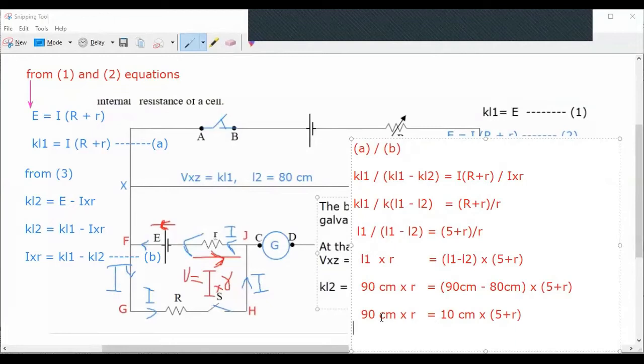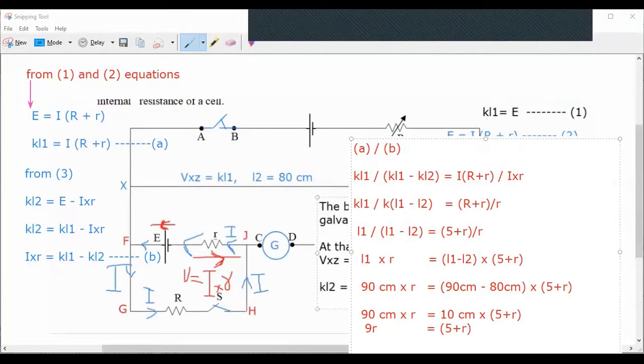So now you should understand the centimeter at this side and centimeter at this side cancelled out, and similarly this 0 and this 0 cancelled out. Can you identify them here properly? Here we have 9r. The other side we will have 5 plus simple r.